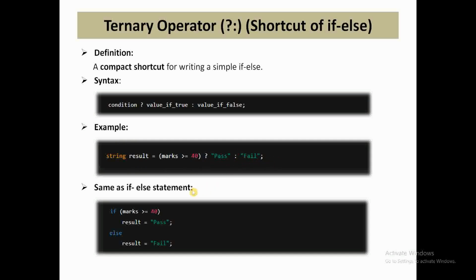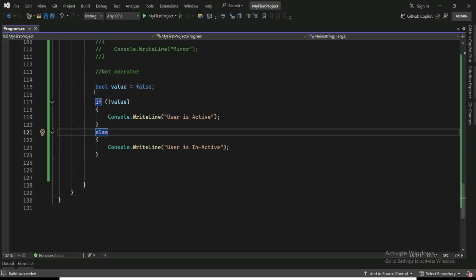Same if we provide these conditions and values in an if else statement, then here is the code of the if else statement. Both codes are the same, both will give us the same output, but the syntax is different. The ternary operator we can write in one line, and if else statements take a number of lines of code.